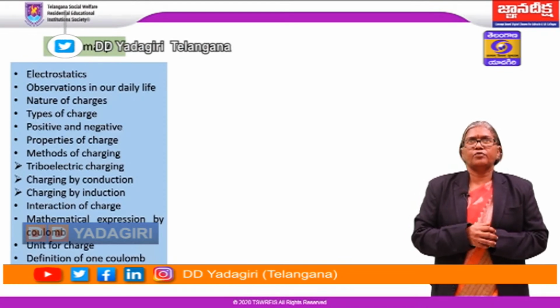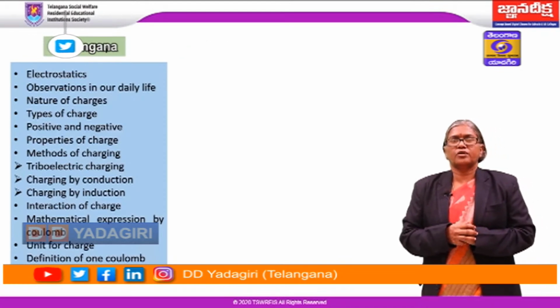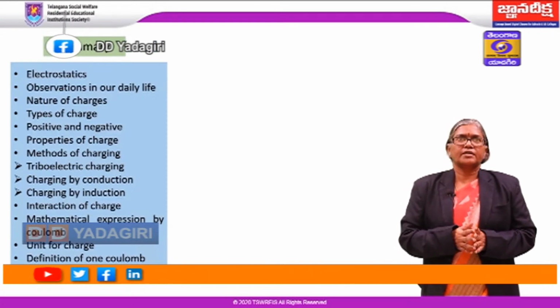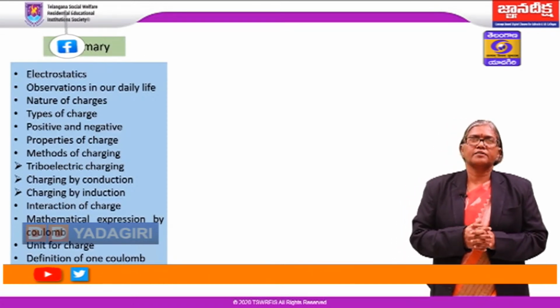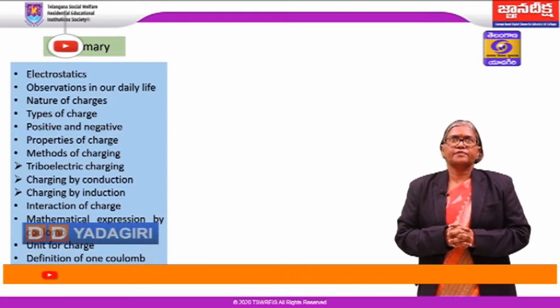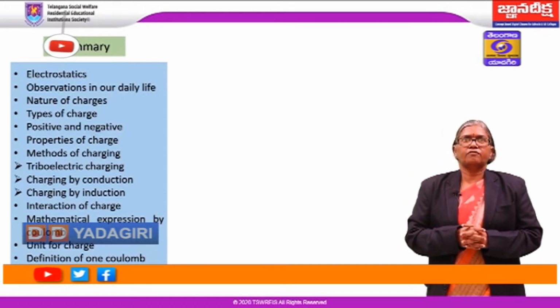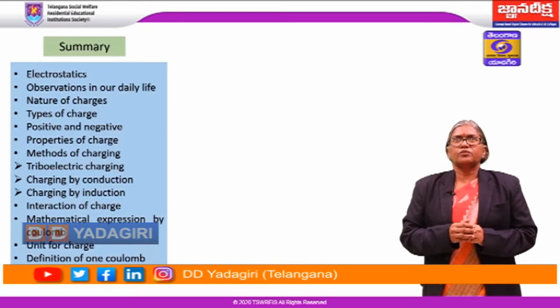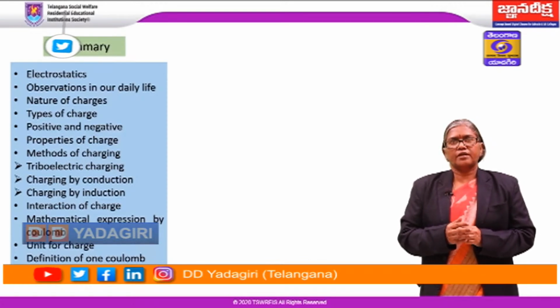We also came to know three methods of charging objects: triboelectric charging, charging by conduction and charging by induction. Later, we learned how charges interact and the mathematical expression for it, explained by Coulomb, which is known as Coulomb's inverse square law.